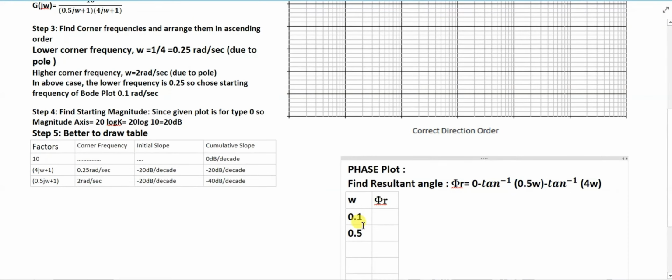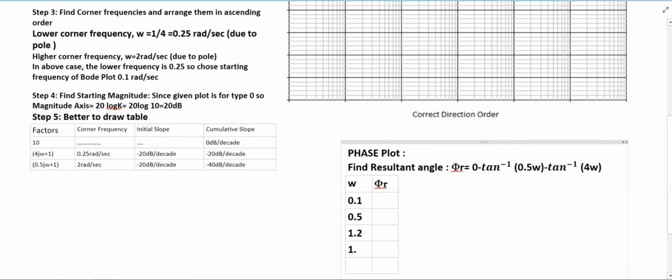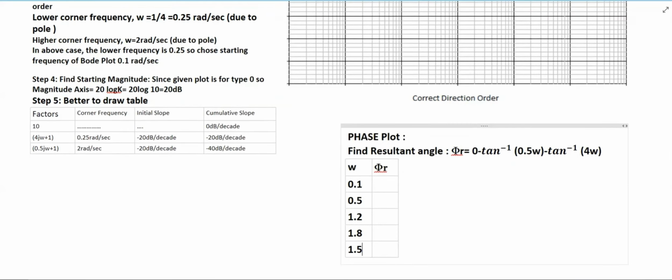And for the poles we use a negative sign, so minus tan inverse 0.5 omega, and minus tan inverse 4 omega. After placing this, you can substitute different values of omega based upon your requirement.